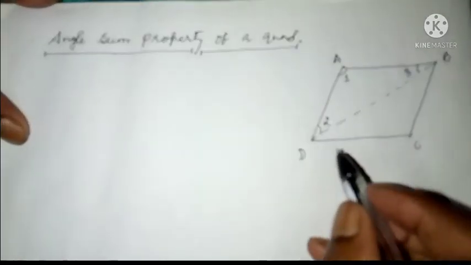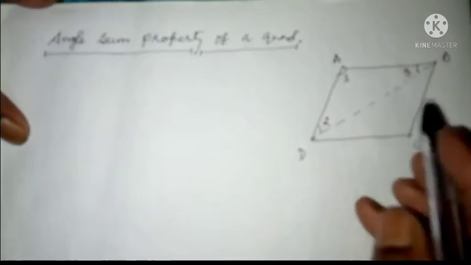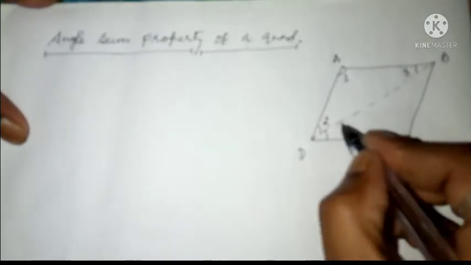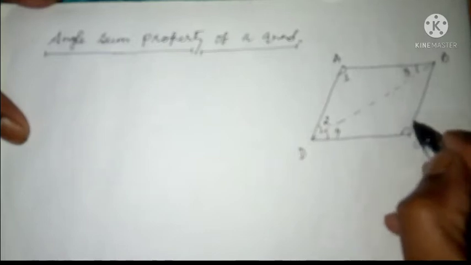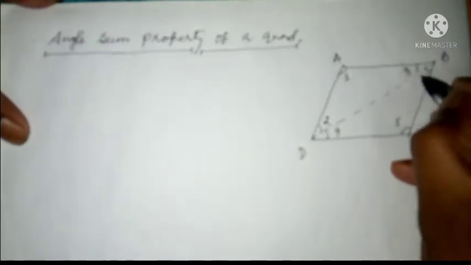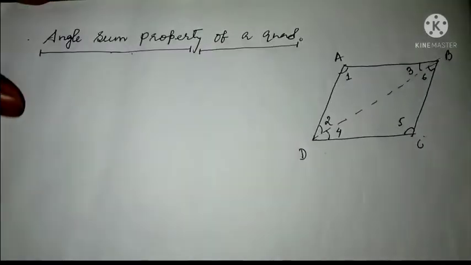Then we have another triangle, BDC. This angle I'll name as 4, this will be 5, and this is 6. Now we know the angle sum property of a triangle.